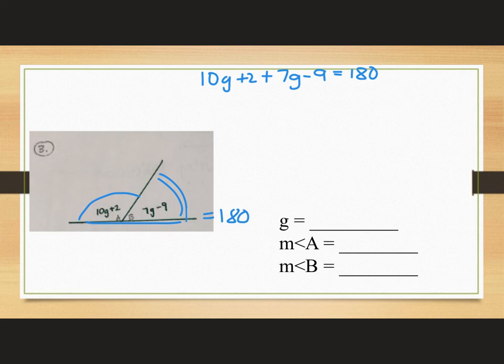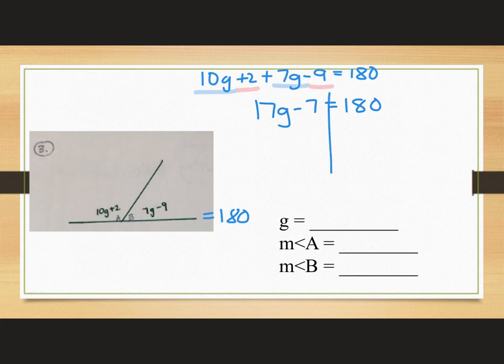All right, so now we're going to combine like terms here. We can add our G's together, and then we can add our integers together. So 10G and 7G would give me 17G, and then negative 9 and 2 would give us minus 7 equals 180. And then we will solve.